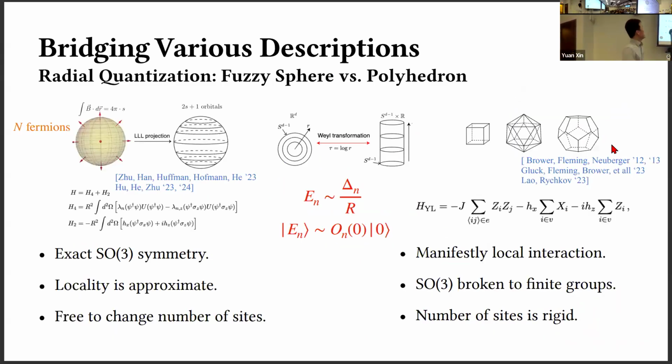Okay, so now we wanted to take this lesson to 3 dimensions. And a very important fact about this Hamiltonian model is that we want to use radial quantization, in the sense that we want to put the Hamiltonian on the sphere.